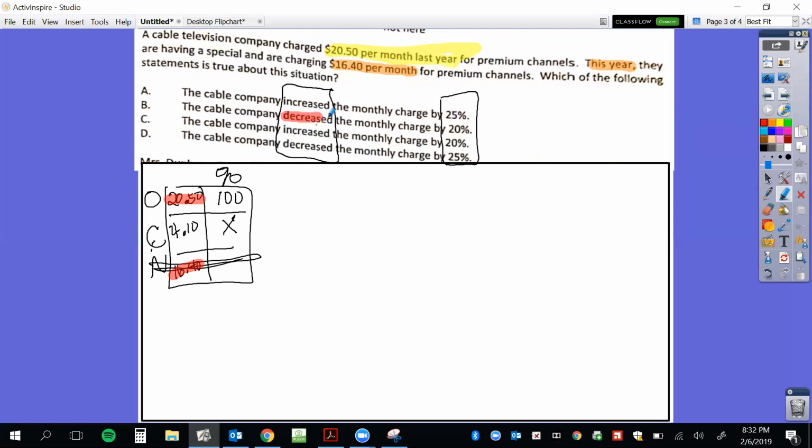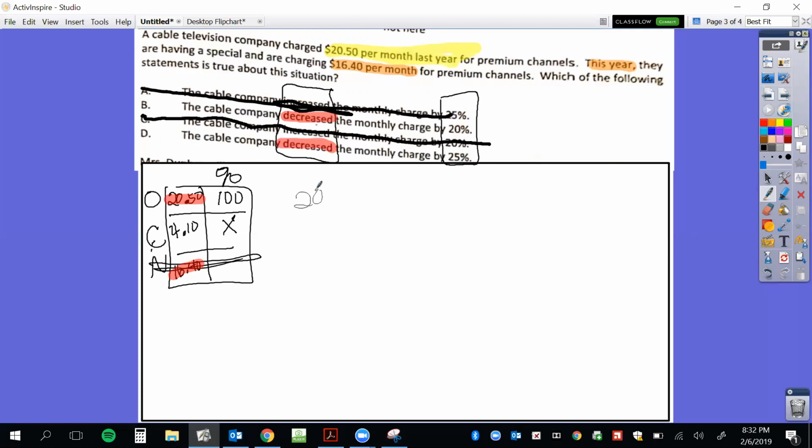Therefore, it is a decrease. So immediately, I can mark off A, because that said increase, and I can mark off C because it also said increase. So I know my answer is either 20 or 25%. Let's set up our proportion and find out.